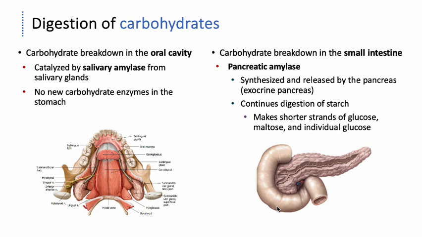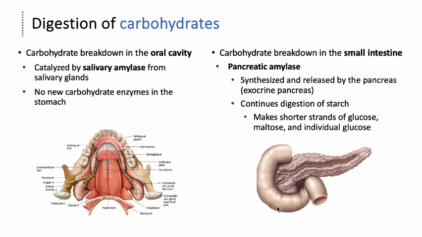These can exist in two different places, one from the saliva and one from the pancreas as well. So if it's from the saliva, from our salivary glands, it's salivary amylase. This is beginning carbohydrate digestion in the mouth, right? So the chemical digestion of carbohydrates begins in the oral cavity, right?